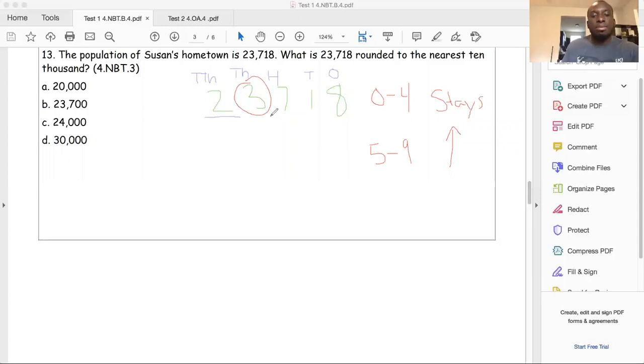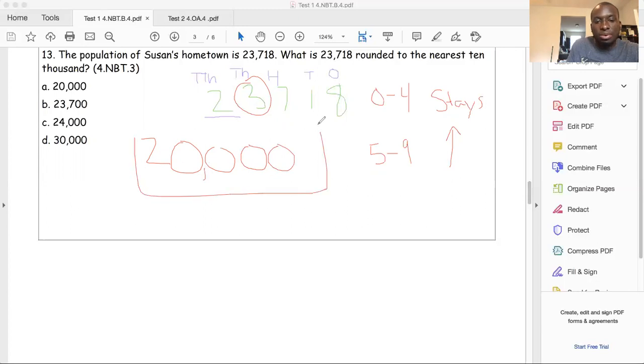This number is a 3, which means this number stays, and every number behind it becomes 0. So my answer is 20,000. Number 13 is A. Remember your rounding rules.